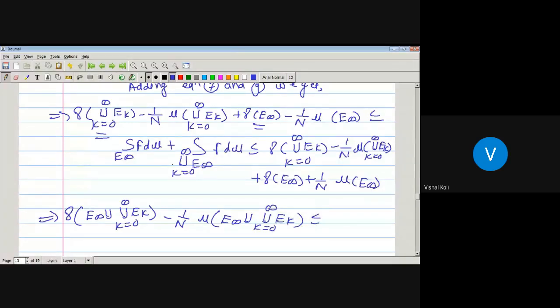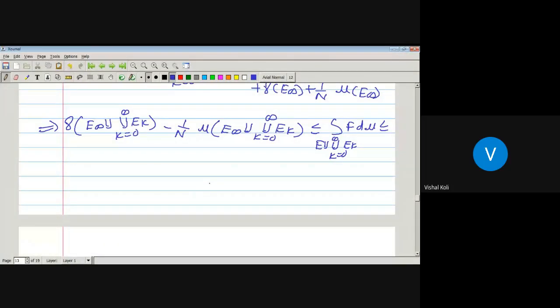These two terms can be written as the integration over set E, the union over k running from 0 to infinity, which is less than or equal to gamma of E infinity union the union of Ek plus 1 by n measure of E infinity union the union of Ek.